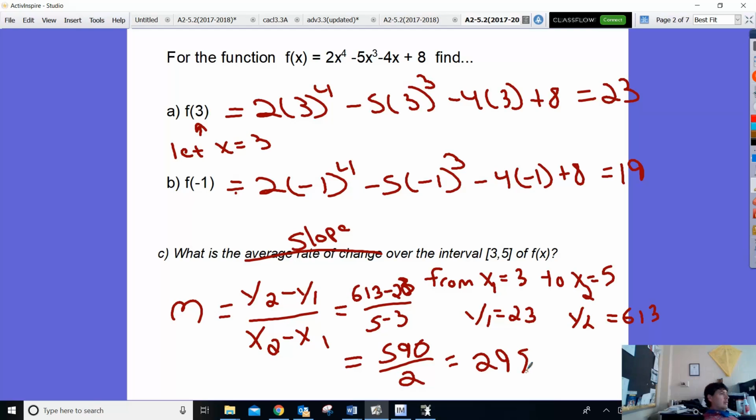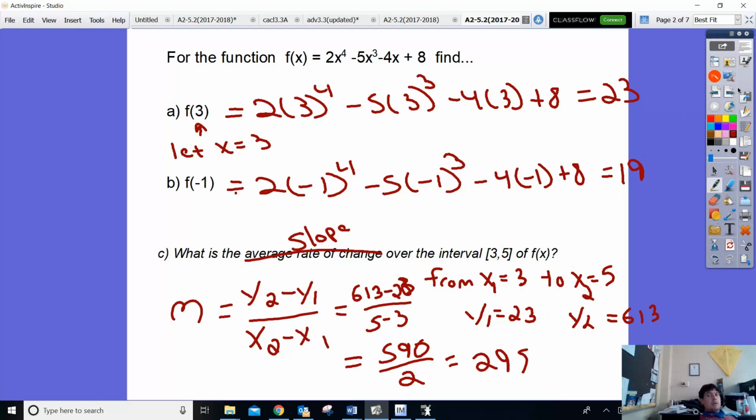It goes up 295 units and over 1. That is the slope. The slope is 295 over 1, on average from 3 to 5.